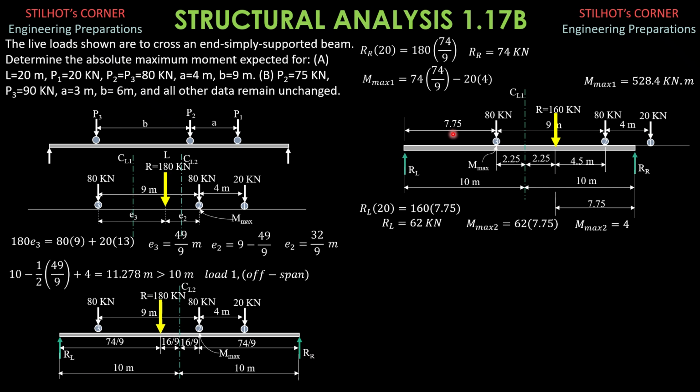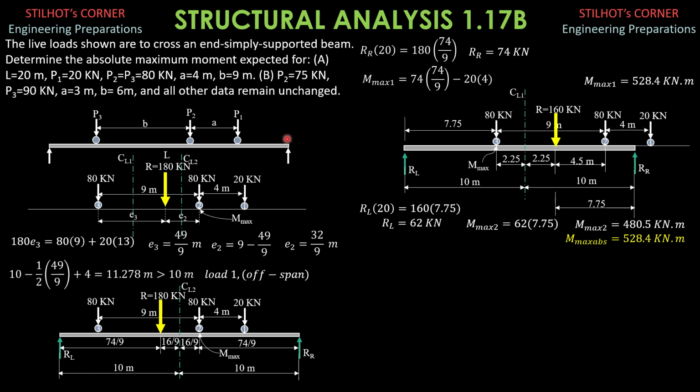So 62 times 7.75 is 480.5 kilonewton meters. So therefore, the absolute maximum moment is this case here. It occurs under load 2 as expected, and it is 518.4 kilonewton meter.